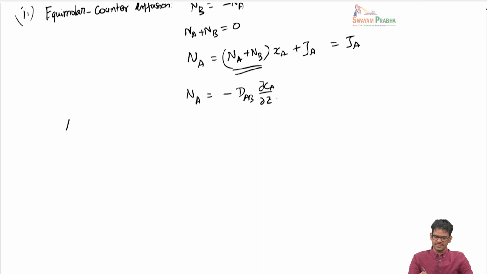So at steady state, we can integrate this equation and we will get Na is equal to DAB by Z times Ca1 minus Ca2.